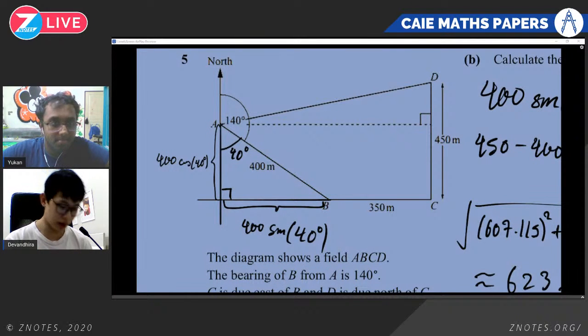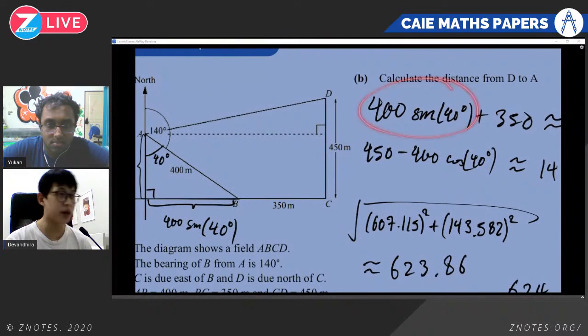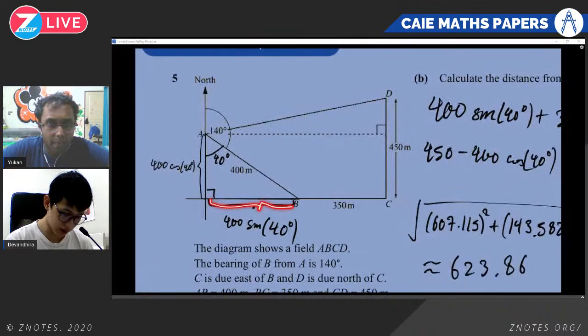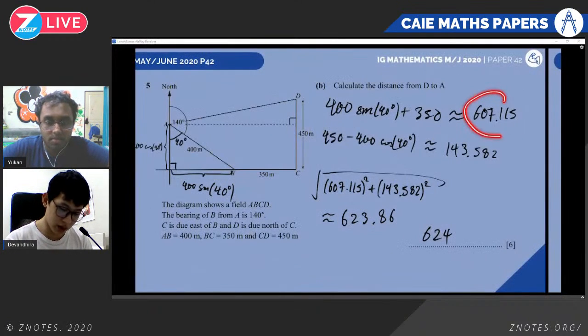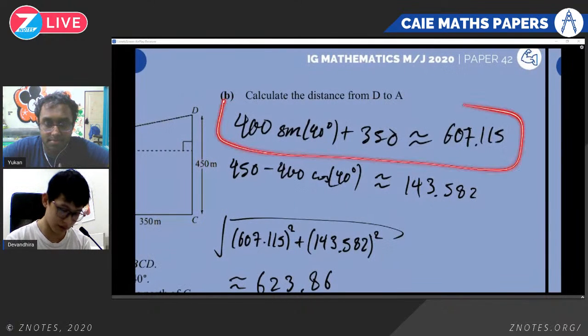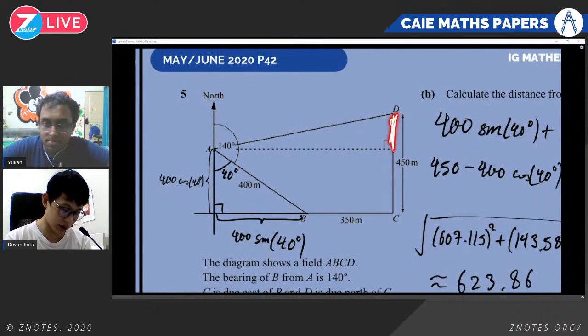So we have sine 40 degrees is equal to 400 divided by this whole side, or in other words, it's just 400 sine 40 degrees. Remember, we want to take the total distance of this horizontal length. That means you have to add 350, and you should be getting 607.115 right here.